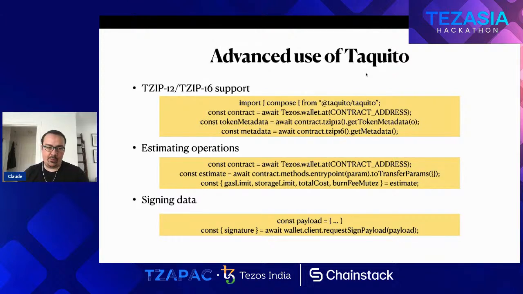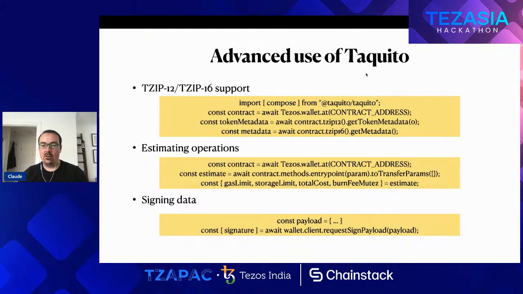Using Taquito it is also possible to estimate operations. It's a feature that's very in demand at the moment. A lot of developers want to get an estimation of the cost of an operation, and Taquito also provides that. There's a toTransferParams method on the entry point method that you can call.